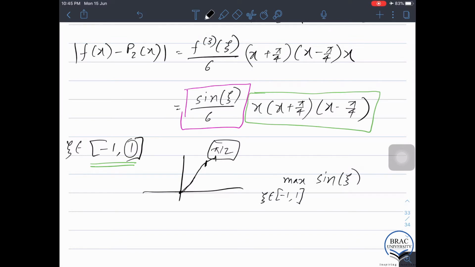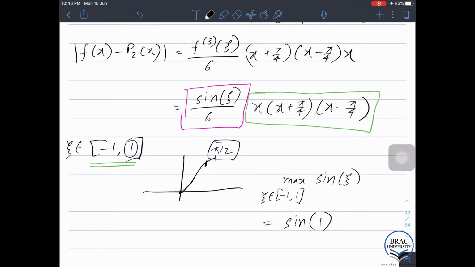Please think about it. If it were cos, then I would have used cos 0 in this interval, but as this is sine, it will be sin 1. So the maximum value of sin ξ in this interval will be sin 1.